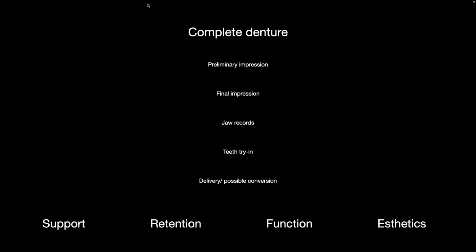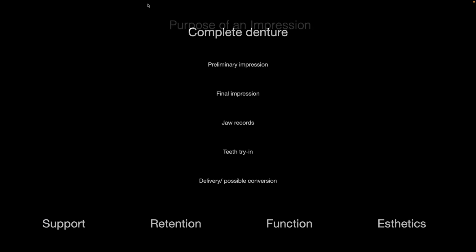Using those, we do jaw records or intermaxillary records, and then based on those, artificial teeth are set up. We try those in, and then if everything is good, that is processed and we deliver the denture. Or if it's an implant supported, fixed detachable, there's going to be a possible conversion.